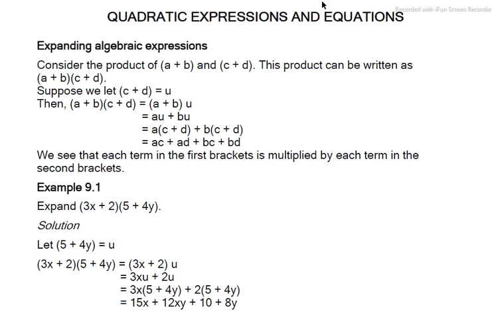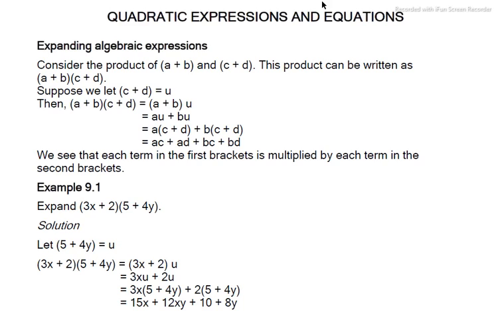In simple terms, when we are opening two brackets, we maintain one of the brackets and split the other. So in this case, we have maintained the second bracket and we have split the first one. That's why you see that it is a(c + d) + b(c + d).